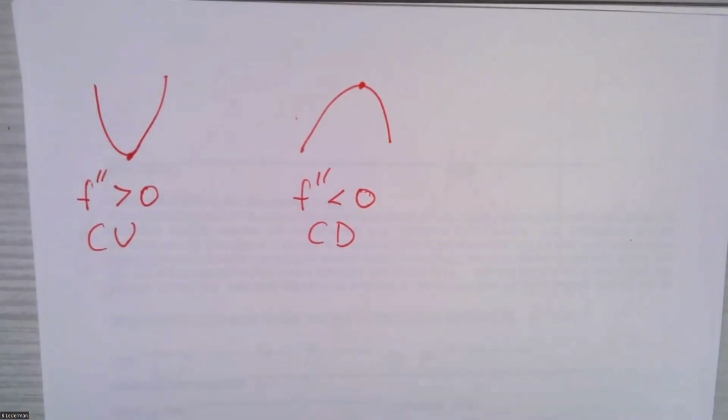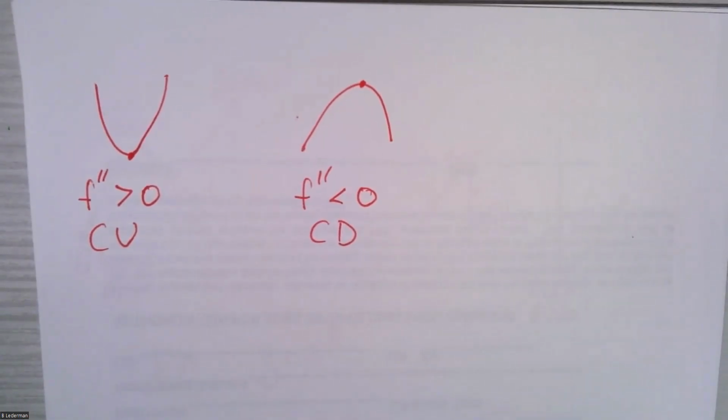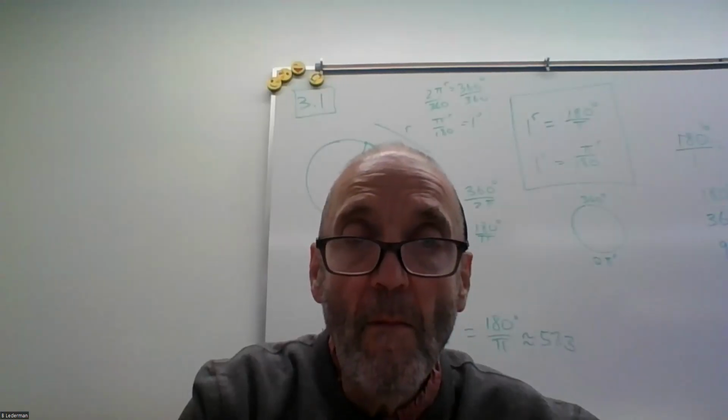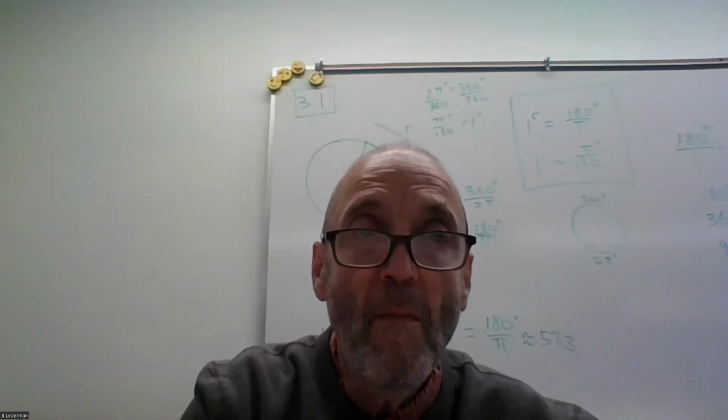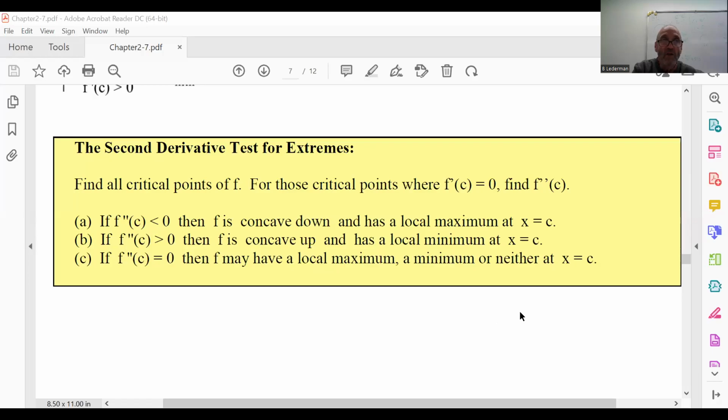Let's state this more formally. I'm going to switch cameras again. This is known far and wide as the second derivative test for extremes. If you find all the critical points of f, for those critical points where f prime of c equals 0, find f double prime of c.